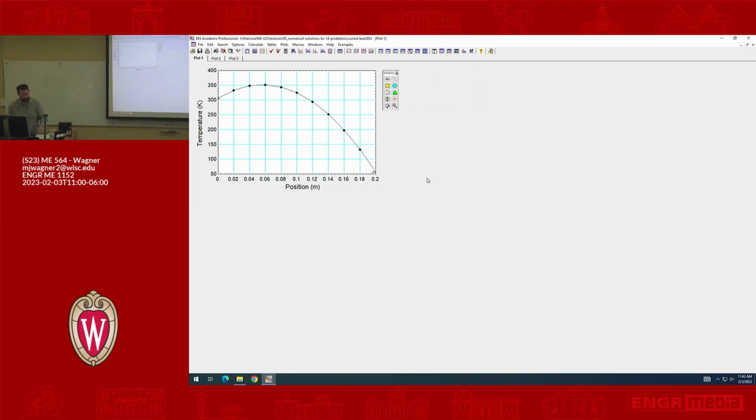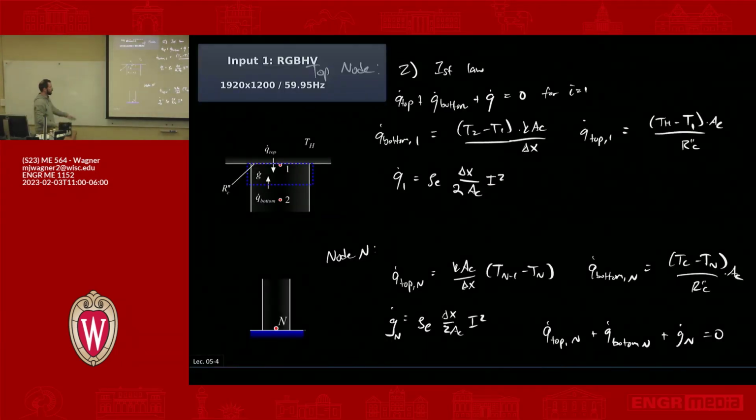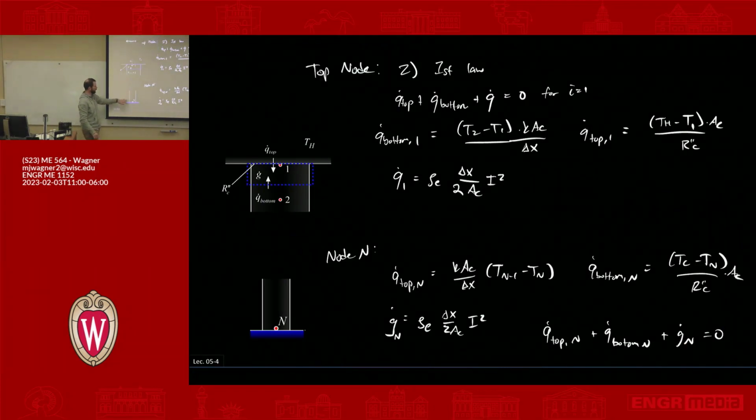Well, let's see. Look back here. Node N is in the domain, the wire's conducting domain. We've drawn it here. It's at the very edge of the wire. But then there's an additional contact resistance after that that goes into the body.